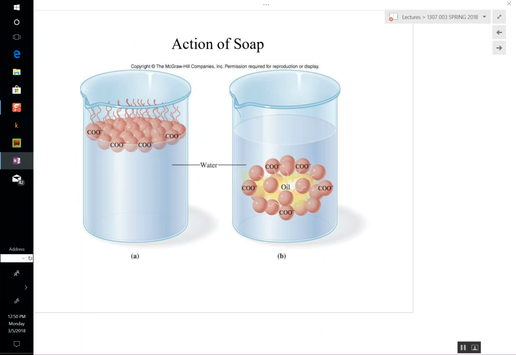They do that because they have a dual character: a water-loving end and an end that isn't compatible with water, all on the same molecule. So there's a polar head and a non-polar tail, and that's what gives it its surfactant properties.